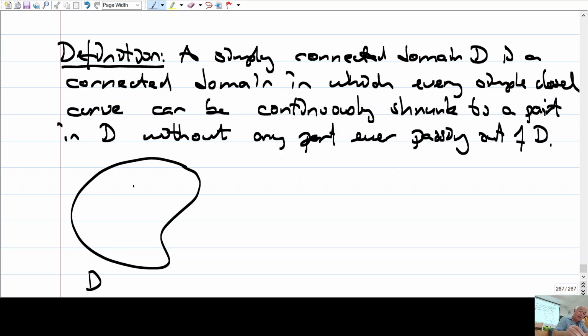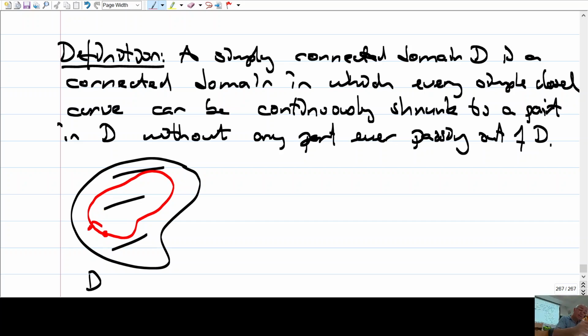So it is connected, and whenever I choose a simple closed curve inside this, suppose this one, I should be able to contract this curve to a point, shrink this curve to a point continuously. How can I do this?